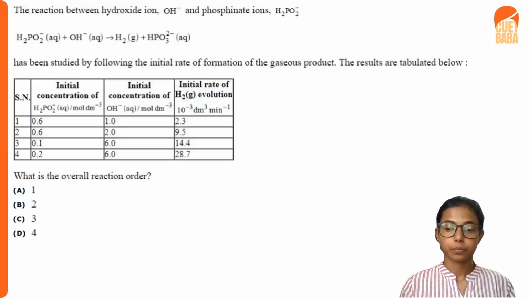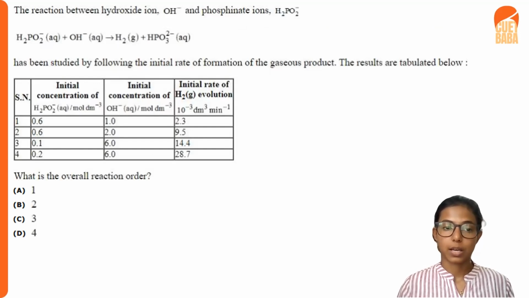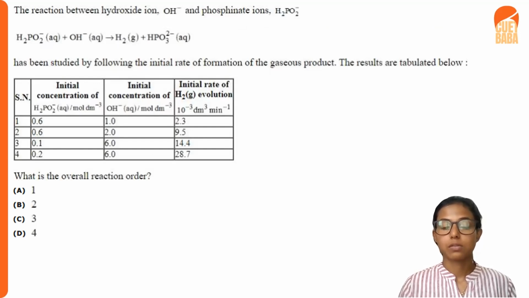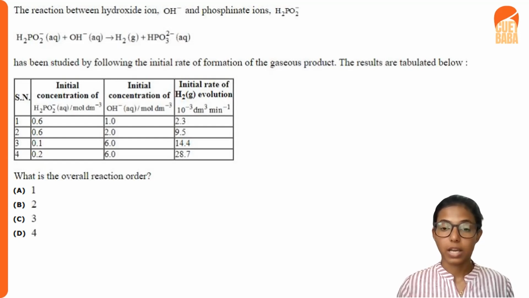Next question. The reaction between hydroxide ion OH minus and the phosphinate ion H2PO2 minus is given here. H2PO2 minus aqueous plus OH minus aqueous gives H2 gas plus HPO3 2 minus aqueous. It has been studied by following the initial rate of formation of the gaseous product, and the results are tabulated below.